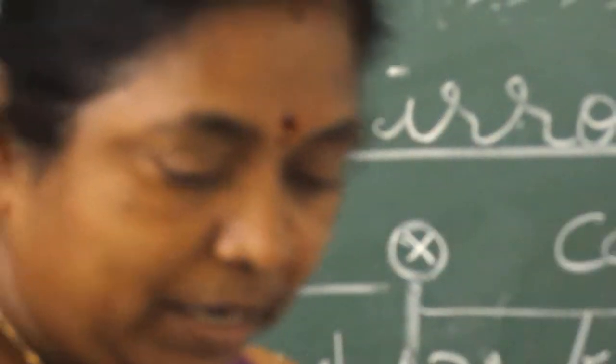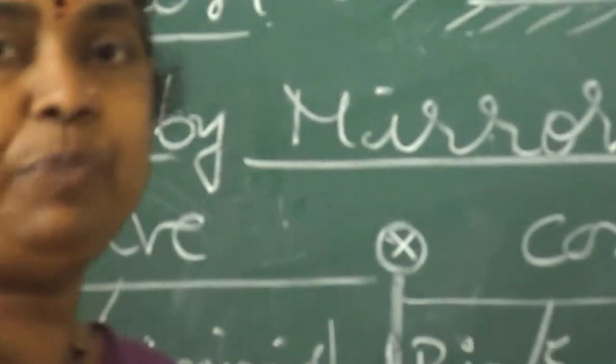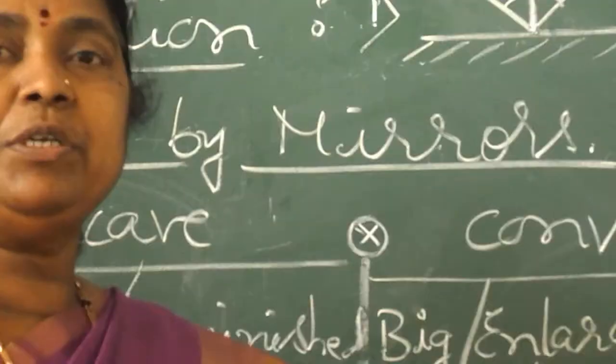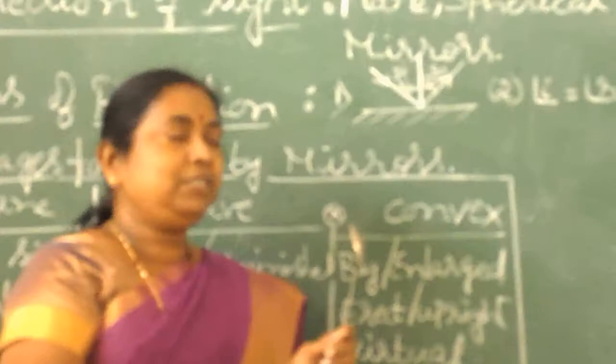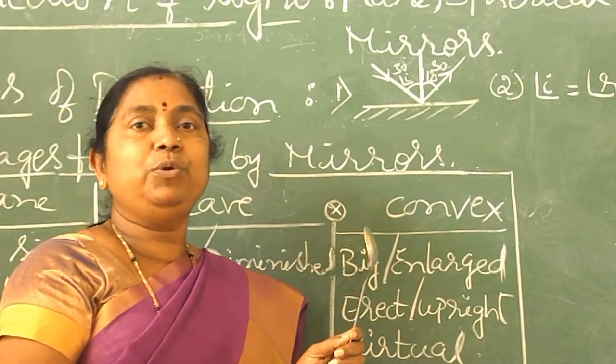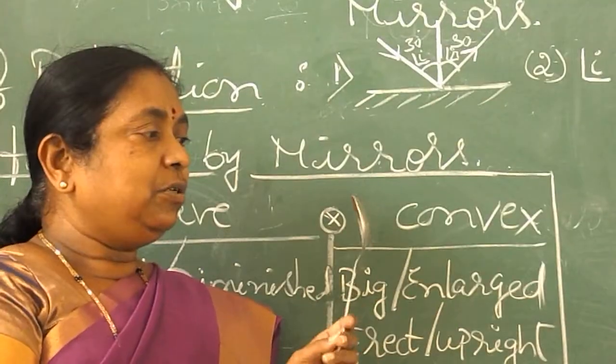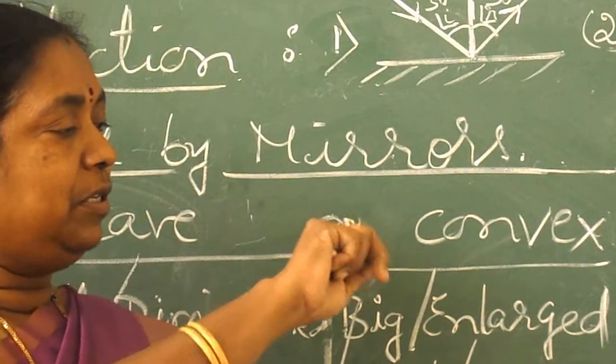To understand spherical surfaces, the best example mentioned in your text is the curved surface of the spoon we use regularly. Children, you can see the curved surface.